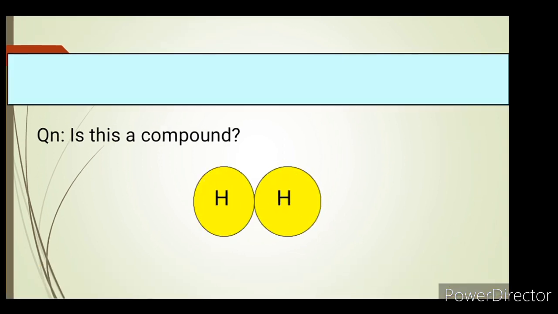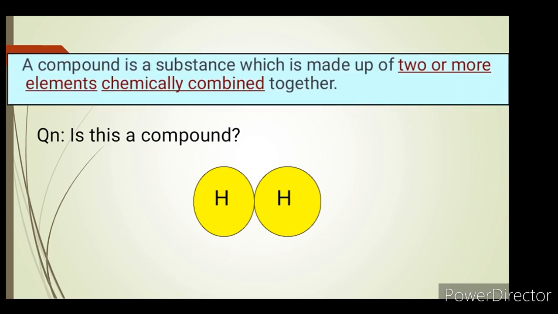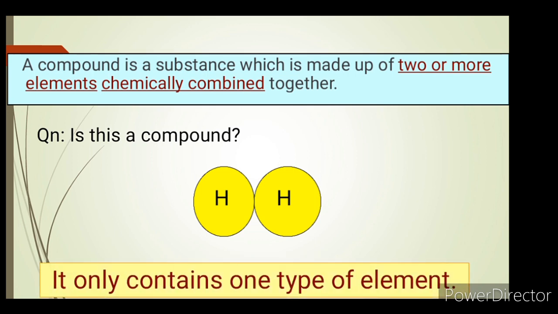Next one, H2. Is this a compound? Again, a compound is a substance which is made up of two or more elements chemically combined together. It only contains one type of element, which is hydrogen. Although it has two atoms of hydrogen, still it only contains one type of element.